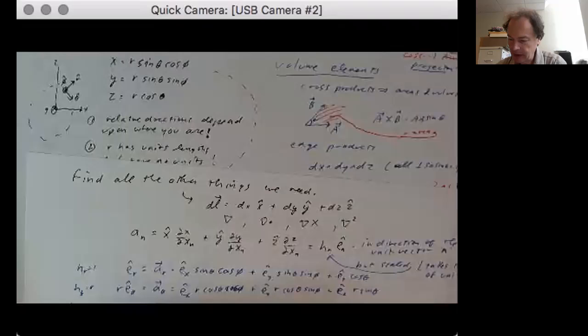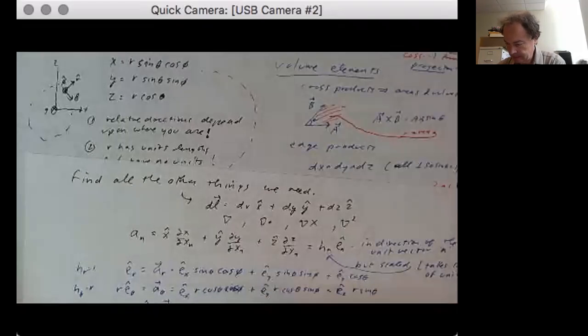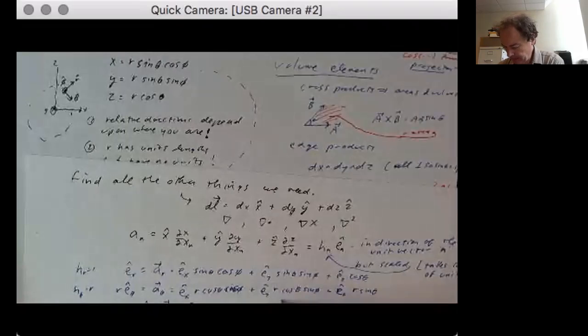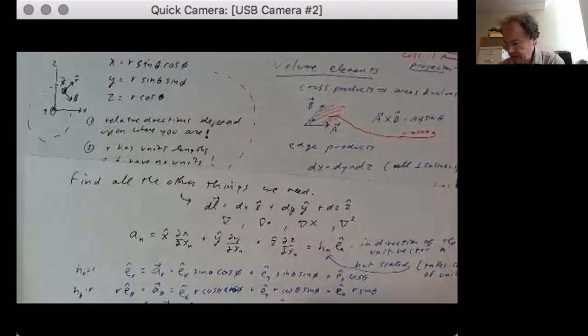So h_phi is r sine theta. r sine theta e_phi hat is equal to a_phi. It's a vector, which is e_x hat times minus r sine theta sine phi plus e_y hat r sine theta cosine phi. And it has nothing from z hat.